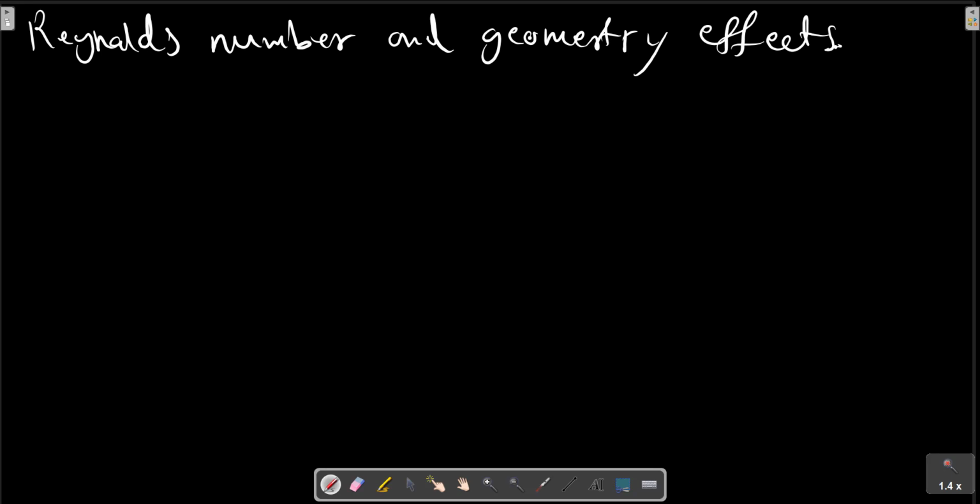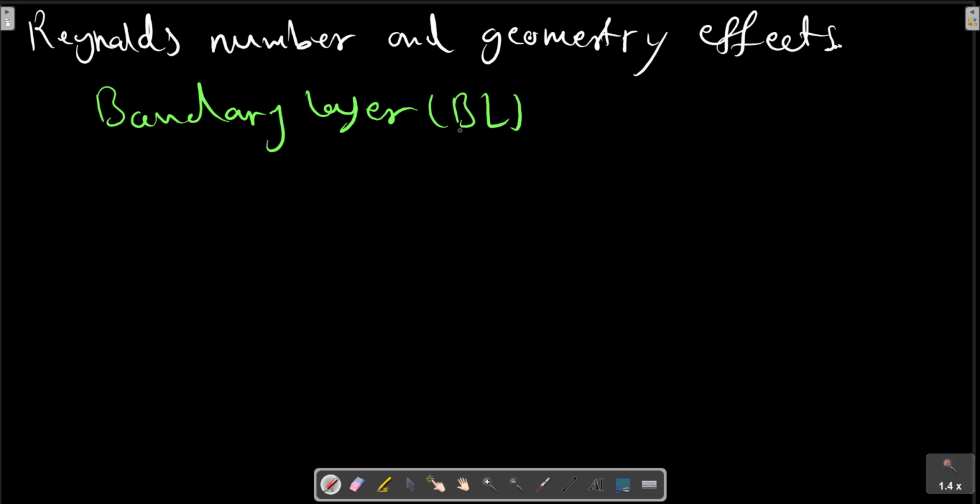The technique of boundary layer (BL) analysis can be used to compute viscous effects near solid walls and to patch these onto the outer inviscid motion.